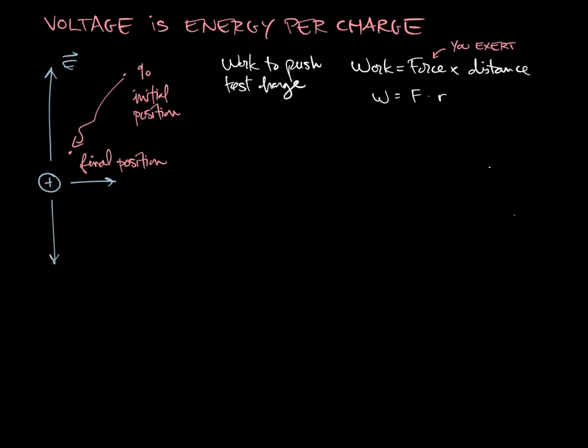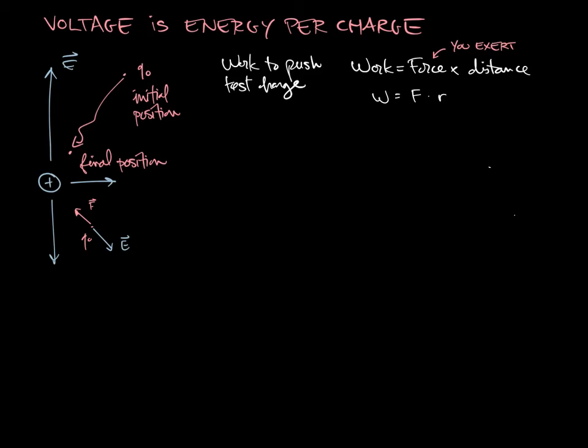So if we have, let's say just a little test charge right here, the electric field is going to be producing a force on that test charge Q naught, and you will be exerting a force in the opposite direction.